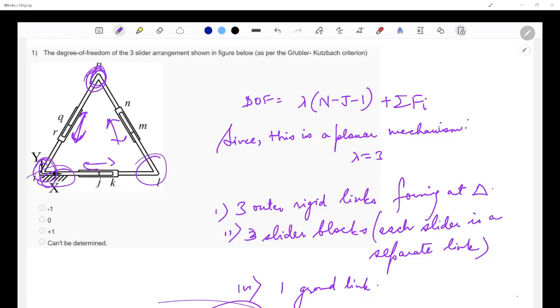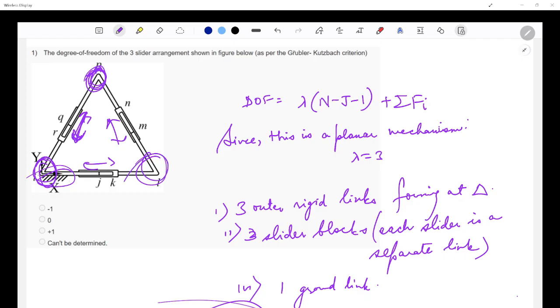So joint counting must be done carefully, and this is where your answer was correct. Each slider is just one prismatic joint, and the total joints are actually 3 prismatic joints. Triangle connections are rigid and there are no extra joints.